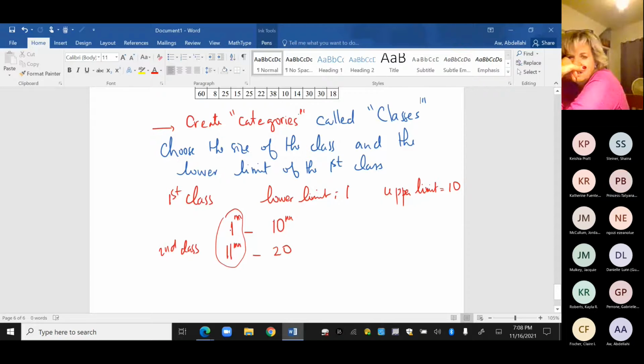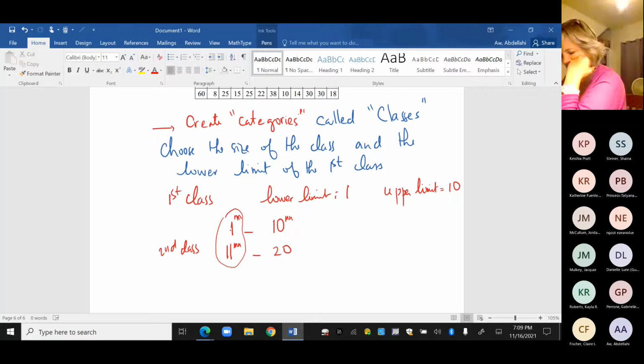The size of the classes is the difference between 2 consecutive lower limits, or the difference between 2 consecutive upper limits, okay? But it's not upper limit minus lower limit.